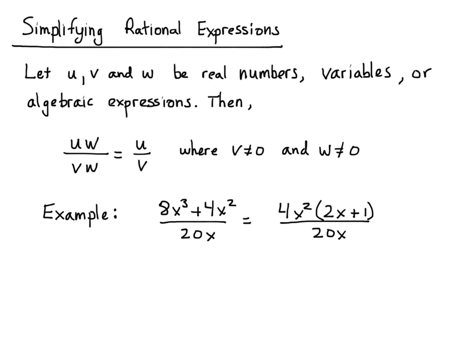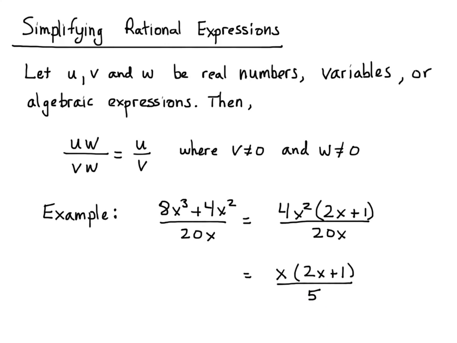So if I look at the way that factors, 4 over 20 is the same as 1 over 5. And if I have an x squared over x, that's the same thing as x. And so my simplified version is this. So this simplified equals this.